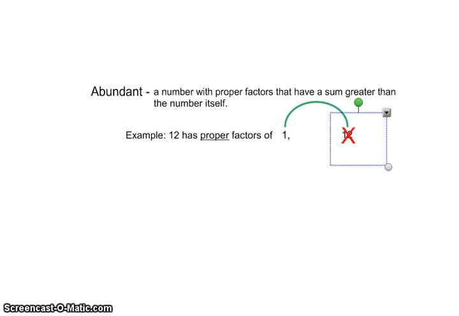So far we have the proper factors of 12 is 1. Let's see, does 2 go into it? Yeah, it does. 2 matches up with 6. So 2 and 6 are proper factors of 12. And then 3 and 4, and I'm done. Meaning the factors of 12 are 1, 2, 3, 4, 6, and 12, but 12 is not a proper factor. The rest are still proper factors of 12.